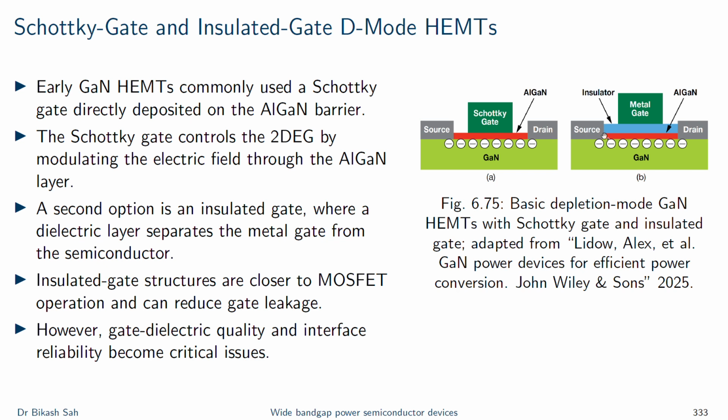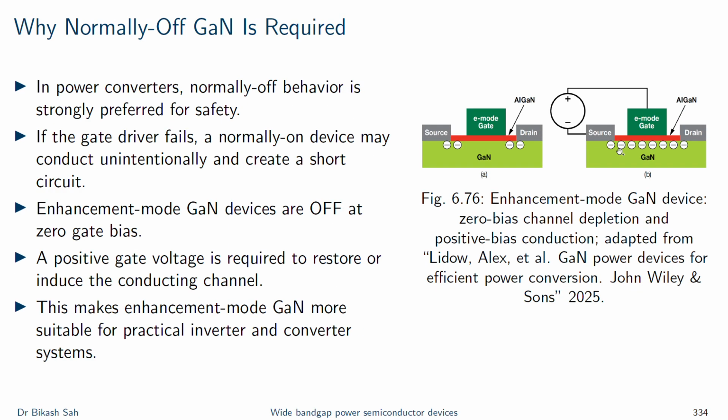They are structurally different. I need to emphasize that the gate technology in GaN is not just about applying voltage. It actually determines the leakage, reliability, threshold stability, and also most importantly the switching behavior. So the same AlGaN channel can behave differently depending on how exactly the gate is being stacked.